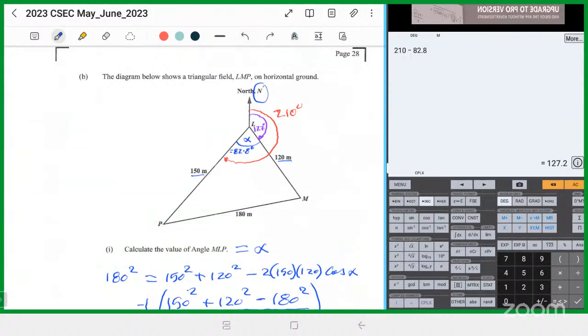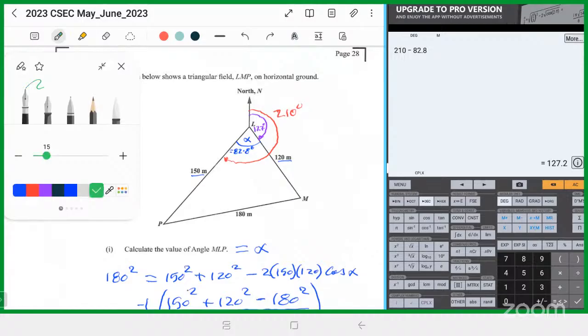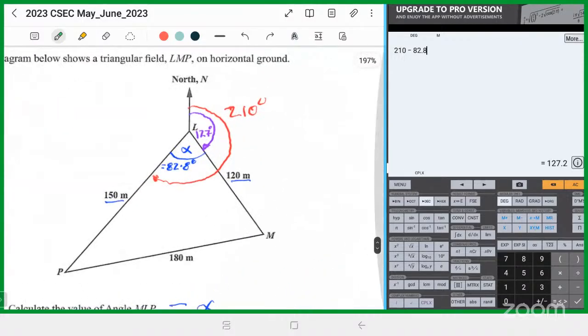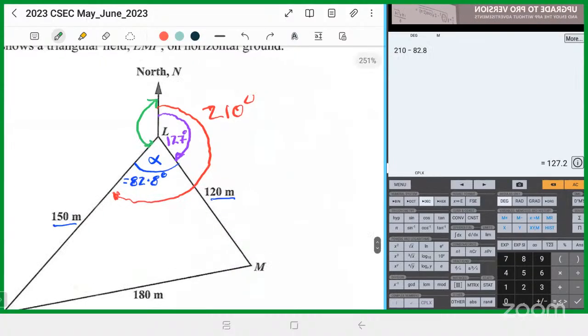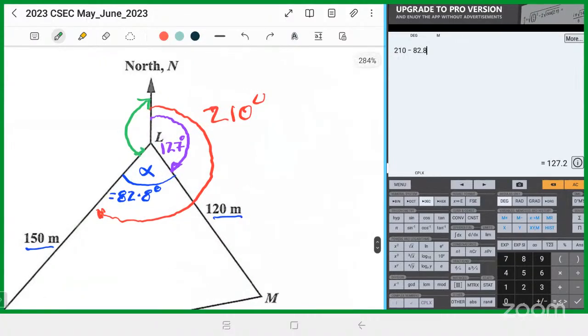So that angle that I want right now, angle NLP, is inside this, so I don't want the other one. That's this angle I want. Let's call it something so we can reference it. This angle is NLP. Let's call it beta.